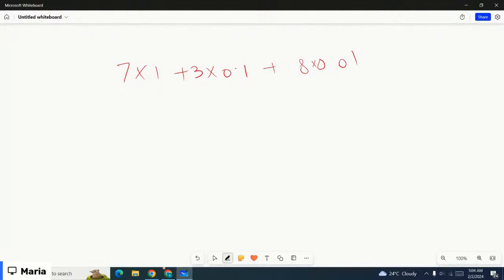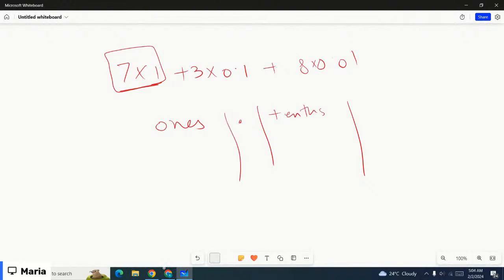0.01. Basically, 7 times 1 tells you the 7 is at the ones place. Here you have 7.